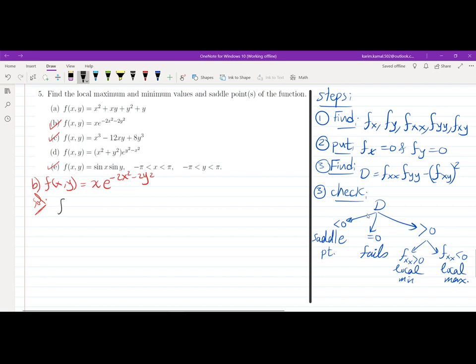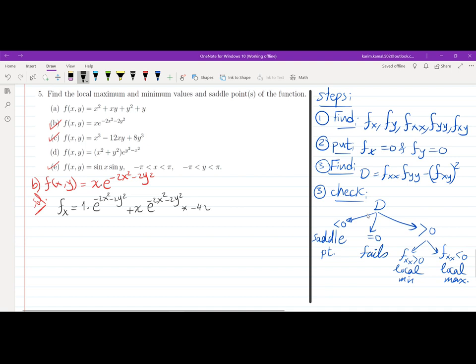fx, which is the product rule, since we have a term in x and the other one is also a function of x. So the derivative of the first one, which is 1, times the second one remains constant, plus the first term remains constant times the derivative of the second term, which is the exponential, e power negative 2x squared minus 2y squared times the derivative of the power, which will be negative 4x.